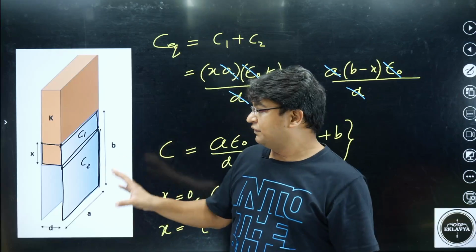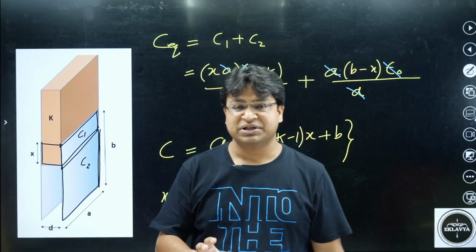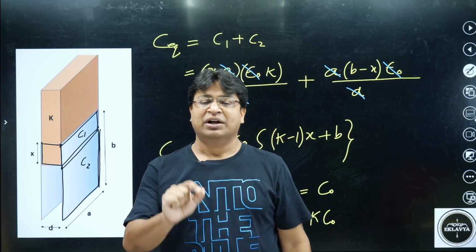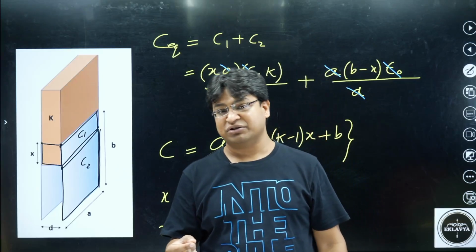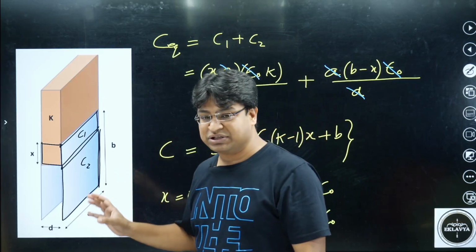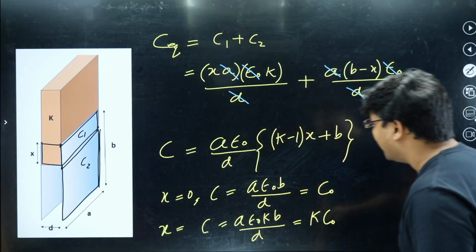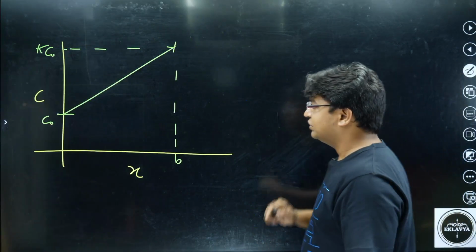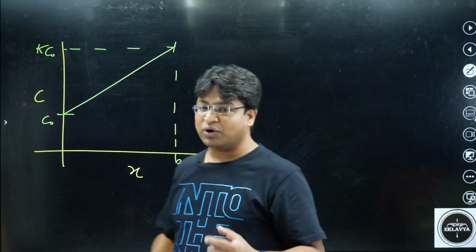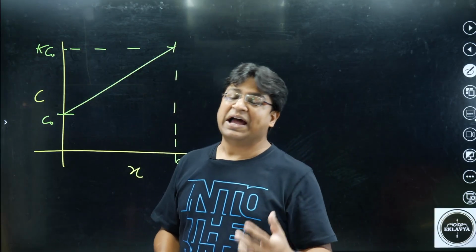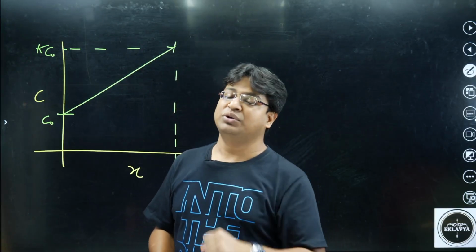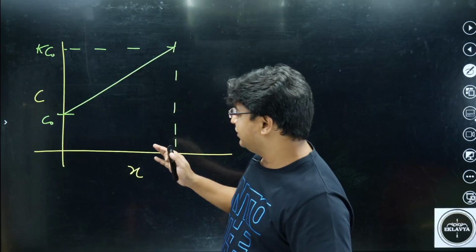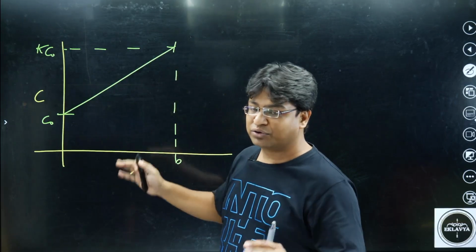And therefore we were able to calculate capacitance even without talking about whether the battery was connected or not, whether the charge was present on the plates or not, because the capacitance doesn't depend on those factors. But once we have found how capacitance changes as the dielectric slab is being pushed or allowed to get between the plates, we know that the capacitance increases linearly. We are going to make use of it.